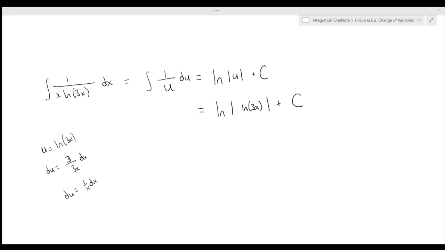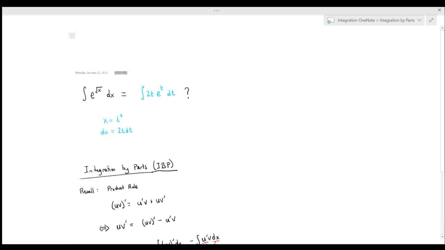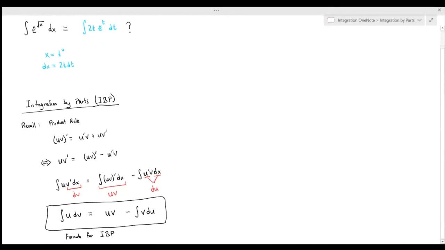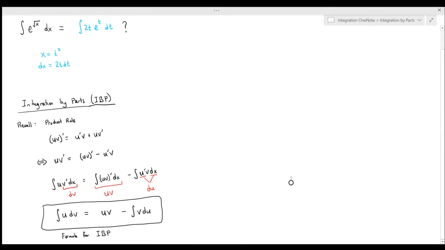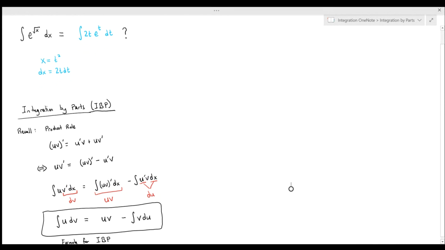All right, so let's take some time talking about integration by parts next, all right? Okay, so to motivate the problem, let's consider this integral up here first.